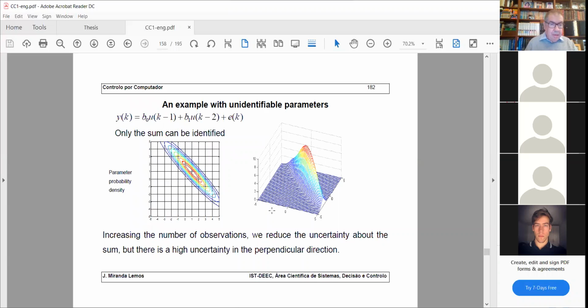Another example. Remember this example in which I had a system in which the output is just the weighted sum of the last 2 values of the input plus some noise. I start with some initial information, then I receive data, and I update that.